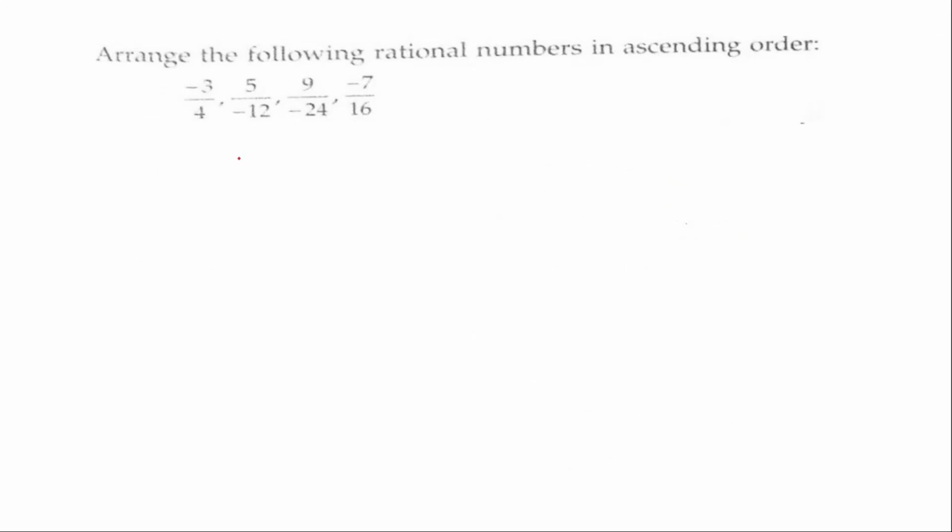In this question we have to arrange the following rational numbers in ascending order. That means smallest to greatest. So the first work that we will do is to make the denominators equal. Okay, so let us write the rational numbers this way.